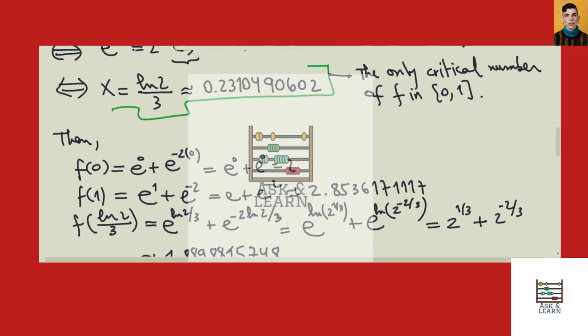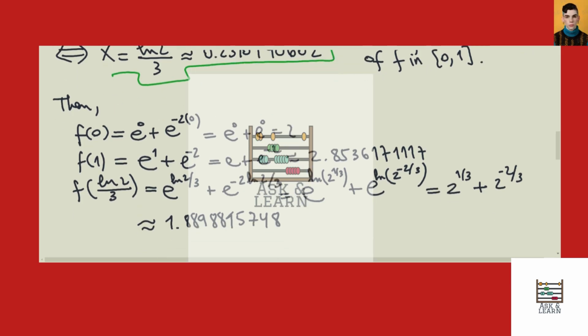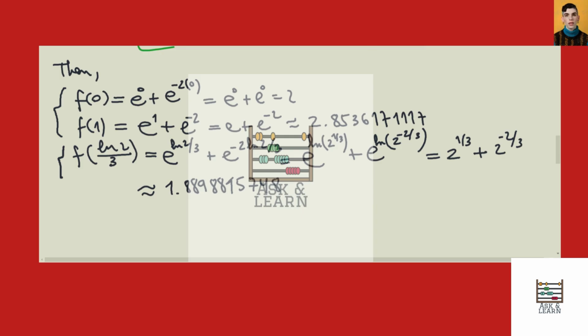In this case, we have only one critical number inside the interval 0, 1, and so we have only three options: the images of the endpoints of the interval and the image of the only critical point of f. And we can see that the maximum value is 2.8536171117, and the minimum value is 1.8898815748.